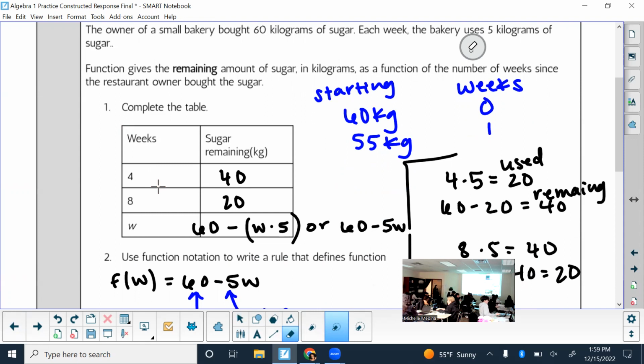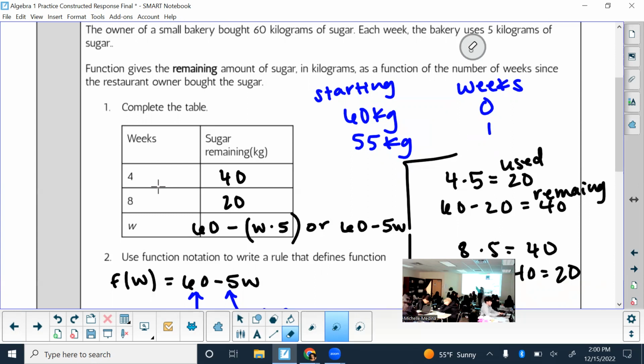I just asked a simple question. 4 weeks, how much sugar was used? If they used 5 kilograms per week, they used 20. But it's not asking how much did they use, they ask how much is remaining. So you figure out how much they used and you subtract that from the starting. So 60 minus 20 is 40 remaining.